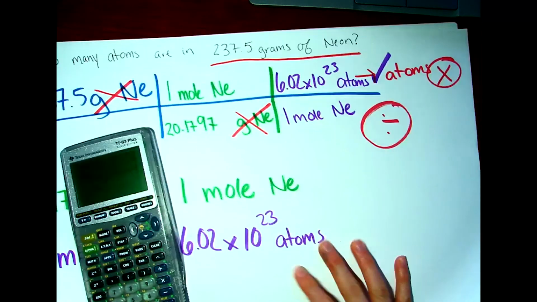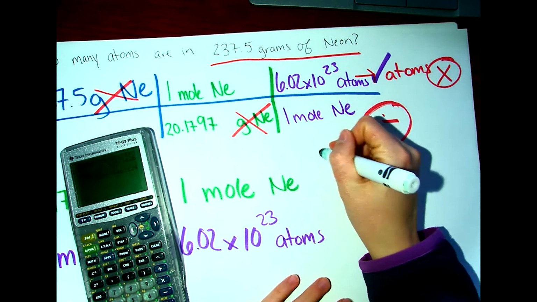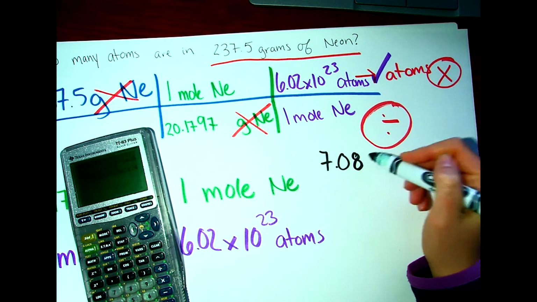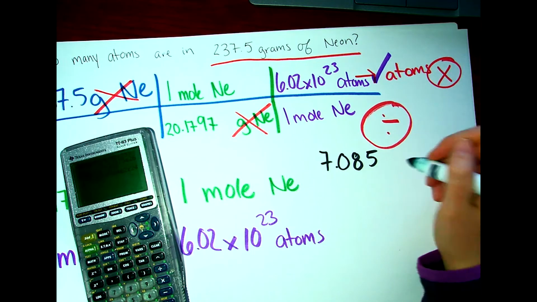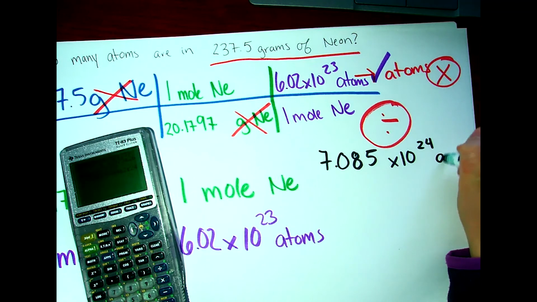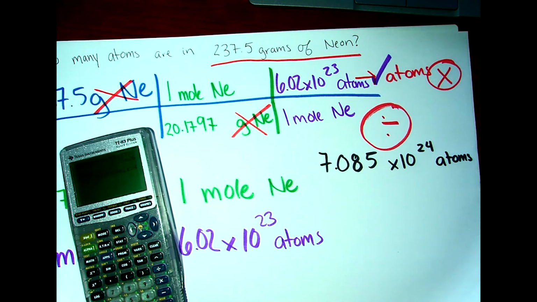And that's going to give me a number of 7.085 times 10 to the 24th atoms. And that would be how I would write it in scientific notation.